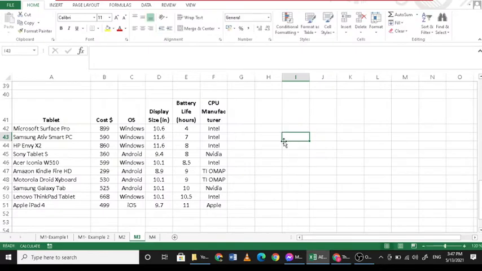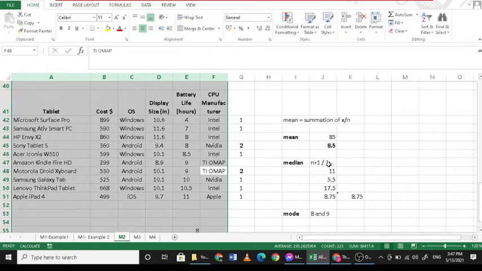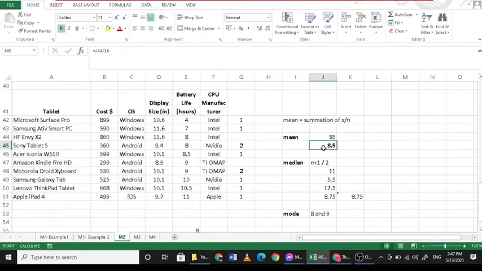Again, let's use the battery life. This is your x. The next column is x minus x bar, or the mean. The mean for this one, as computed earlier, is 8.5.